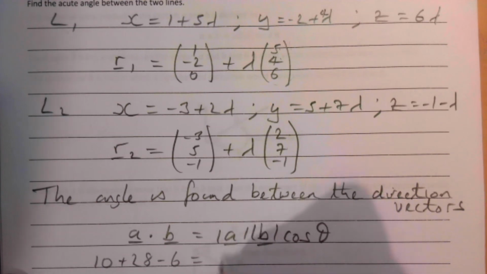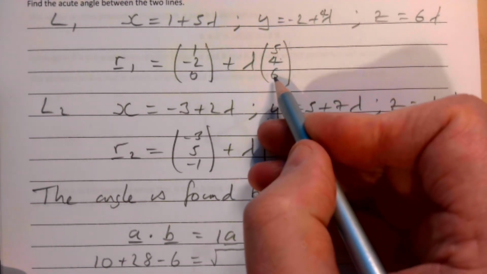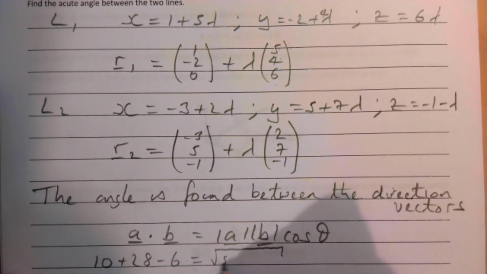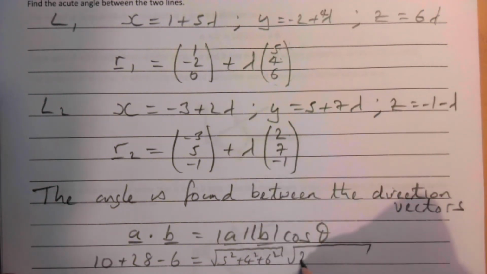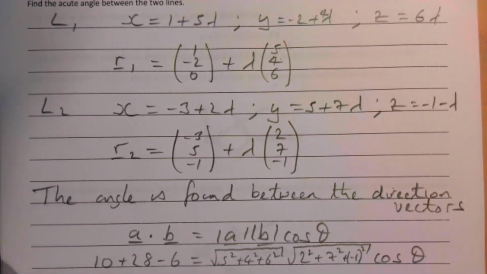And then here, it's going to be the square root of 5 squared plus 4 squared plus 6 squared times the square root of 2 squared plus 7 squared plus minus 1 squared times cos theta.